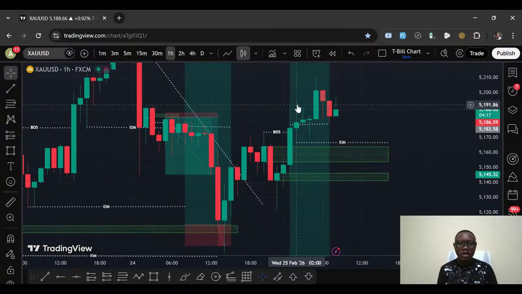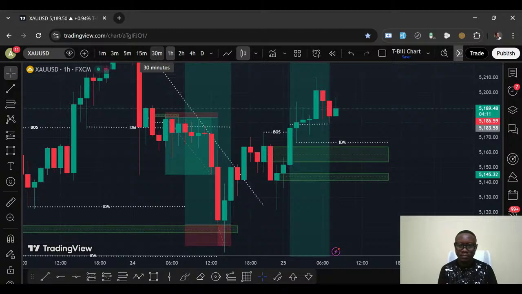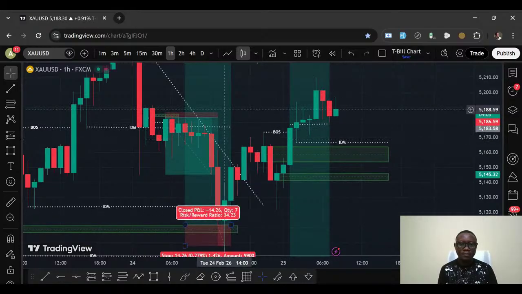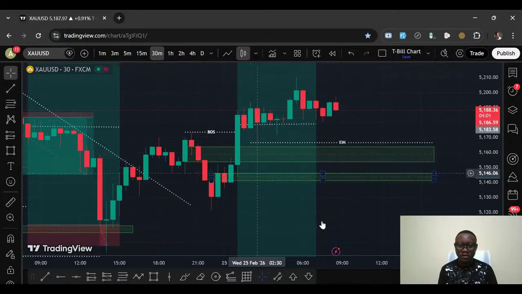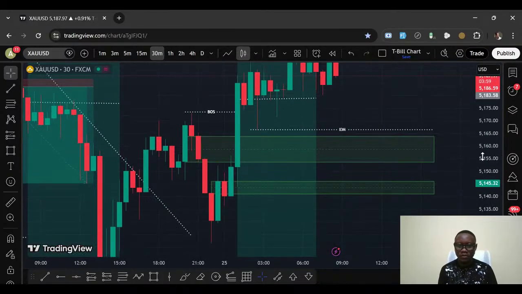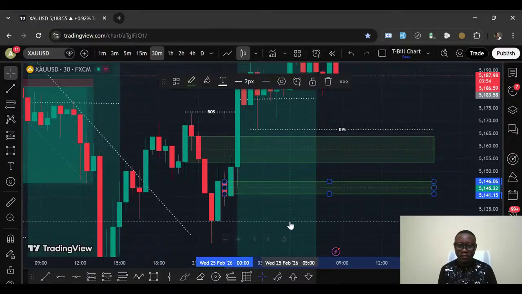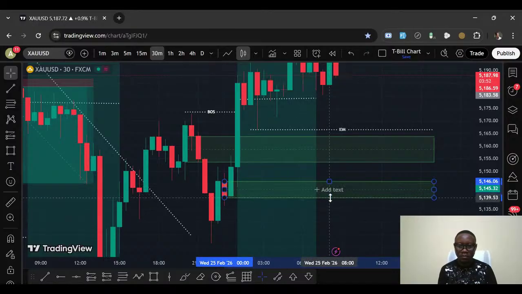All right. Let's drill down to the 30-minute time frame to further refine our zones. On the 30 minutes, I have my order block right here, which is this.